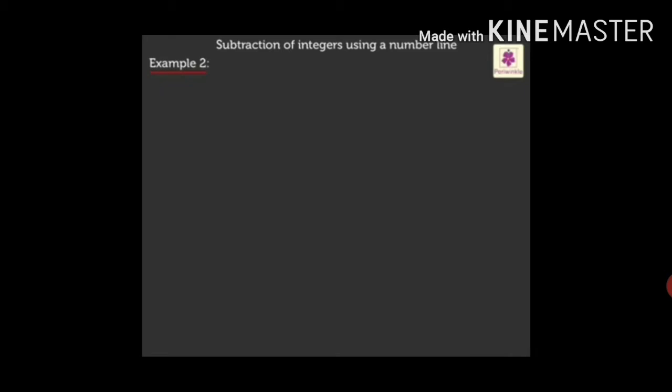Example 2. Find -5 minus -3. So, here on changing the subtraction problem into addition problem, we get the new question as -5 plus +3. Now, let us use the number line to solve this problem.